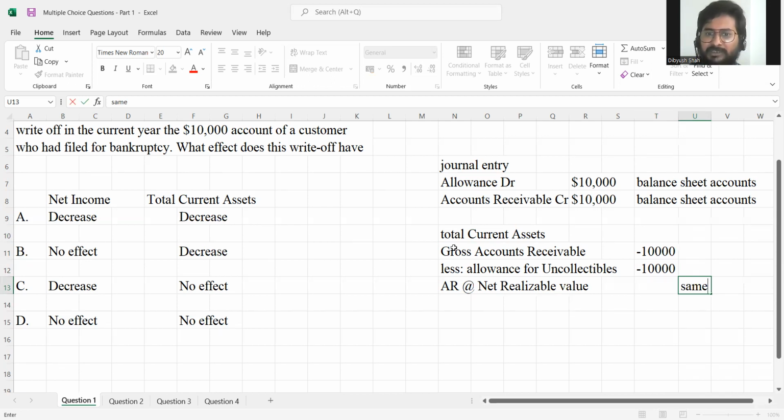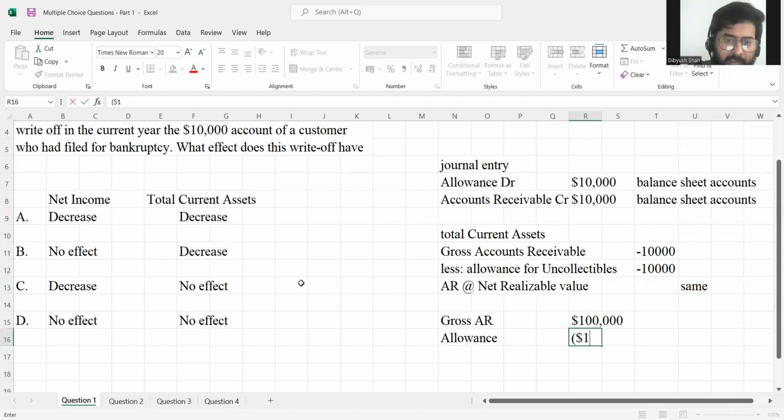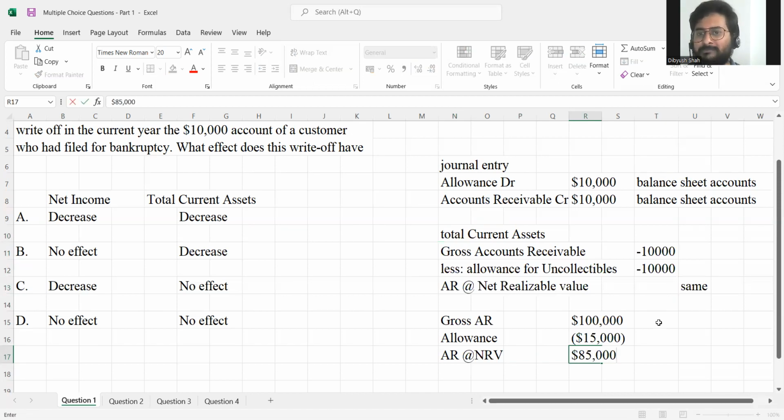You can put a situation. Let's say your gross accounts receivable before the write-off was $100,000 and your allowance was $15,000. So your AR at NRV will be $85,000, correct? After write-off, what will happen?